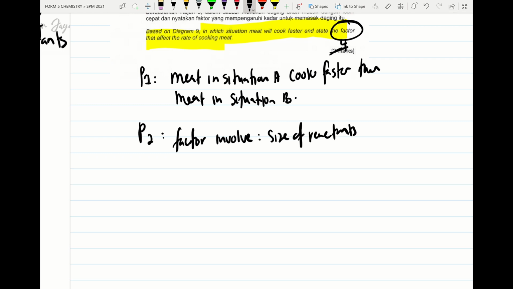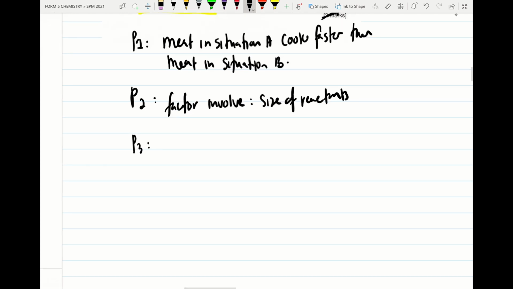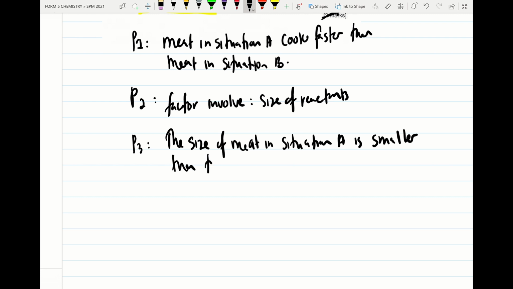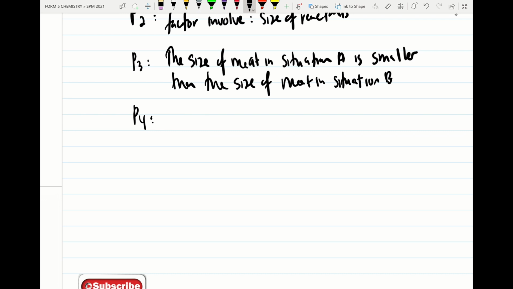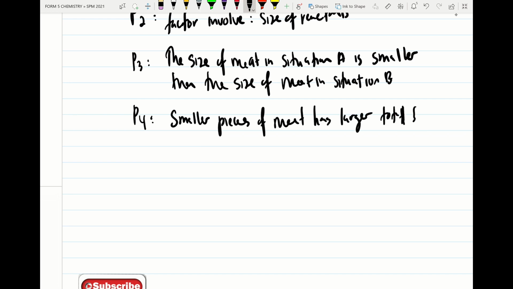If 4 marks are given, we need to explain the first point: the size of meat in situation A is smaller than the size of meat in situation B. Then the next point: smaller pieces of meat have a larger total surface area.